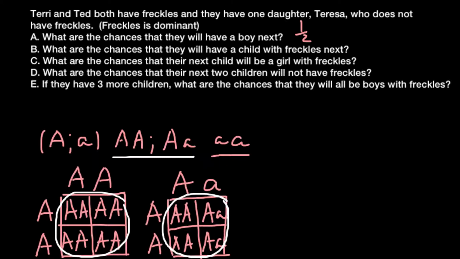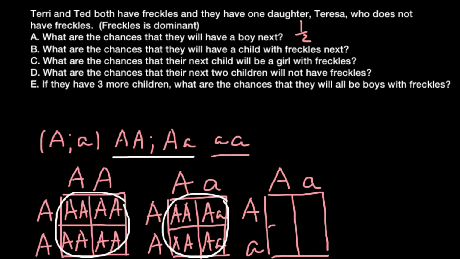And the last variant would be when we cross two parents that are both heterozygous, and this time genotypes and phenotypes would be as follows. Capital A capital A here, capital A small a here, capital A small a here, and small a small a here.